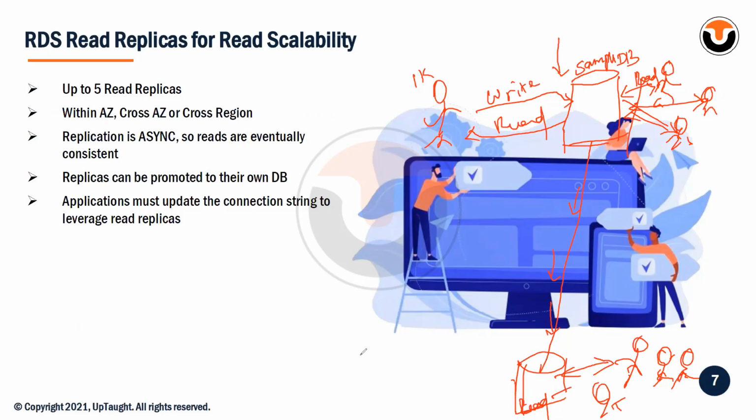And here RDS plays very well. You can keep up to 5 read replicas and serve a number of users, right? Within a single availability zone, multi-availability zone, or even cross region, in a different region also, you can create different read replicas and work on them.